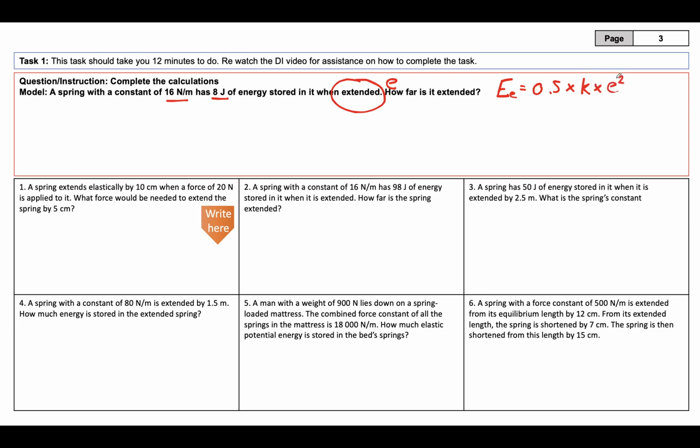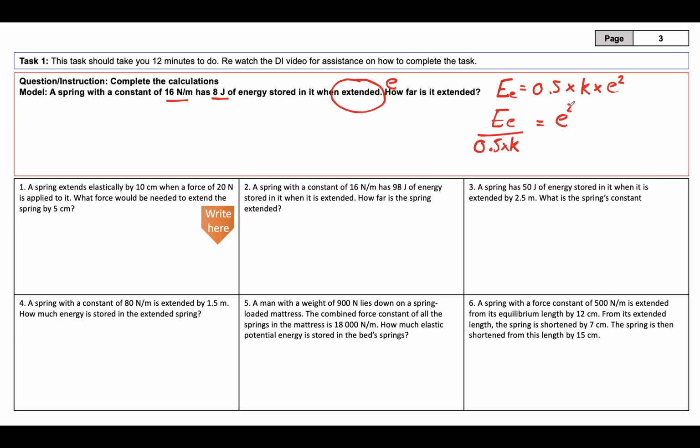We need to make sure we've got E on its own, so we'll bring these two underneath, which will give me the energy stored by the spring divided by 0.5 times K, which will give me E squared. My problem here is I don't want this squared by the E, I want the E to be on its own.